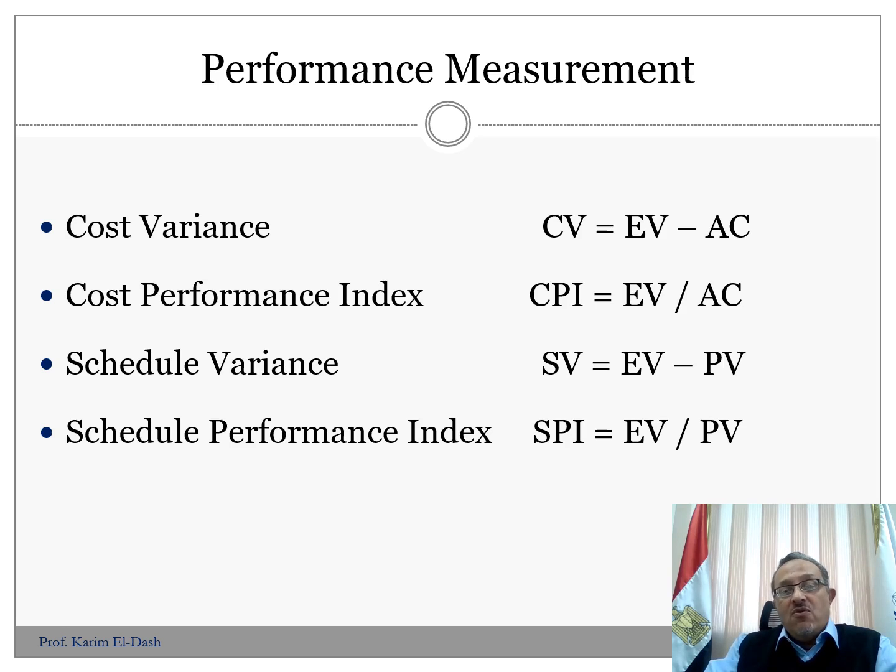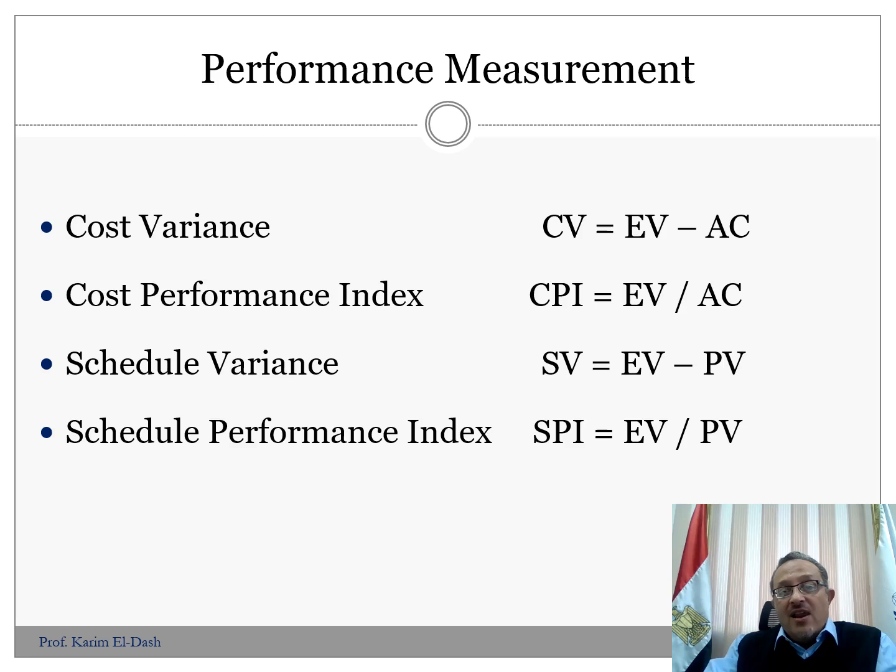If the cost variance is zero, that means the earned value is exactly the same as the actual cost, so we are going exactly on the curve for the cost, and the same for the schedule variance. If the schedule variance is zero, that means the schedule timing for the project is going perfectly.